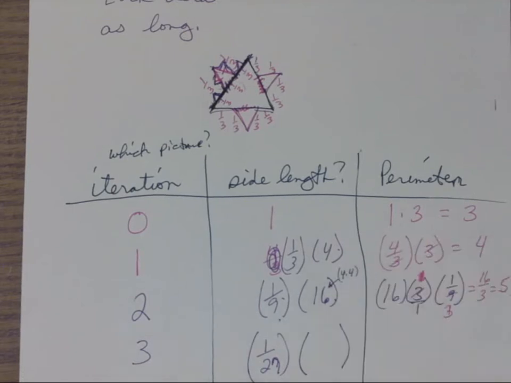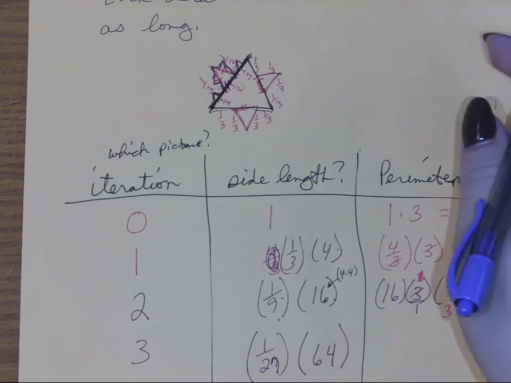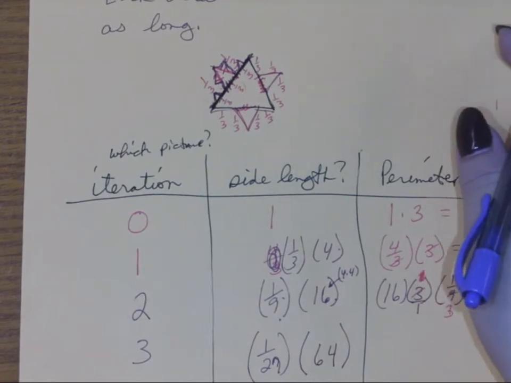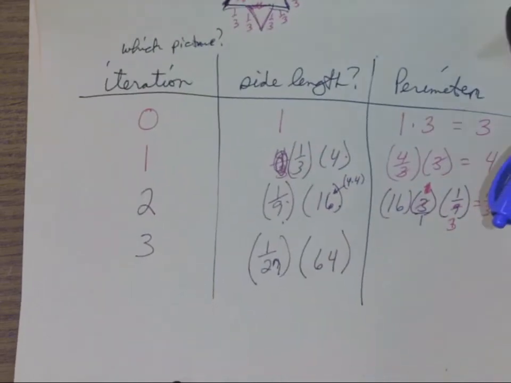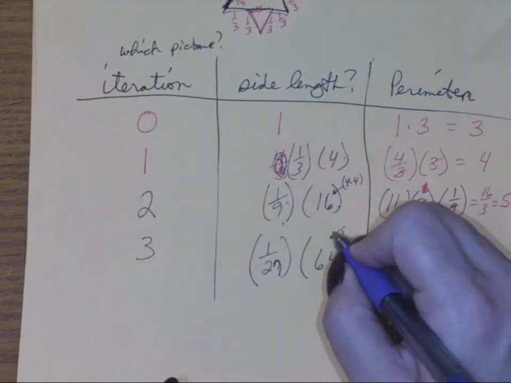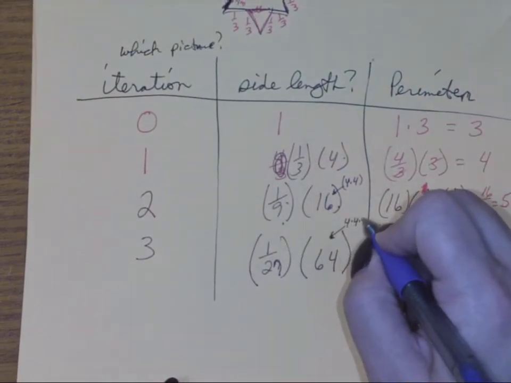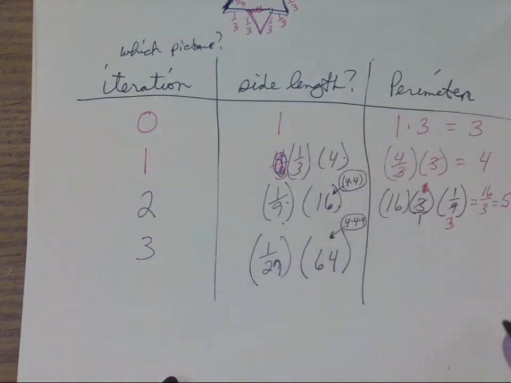Does everybody agree? So I feel like this should be 4 times 4 times 4, which would be 64. Does everybody agree with that? 4 times 4 times 4. Do you see my pattern? See what's coming in there? Okay, that's what's going on in each of those.